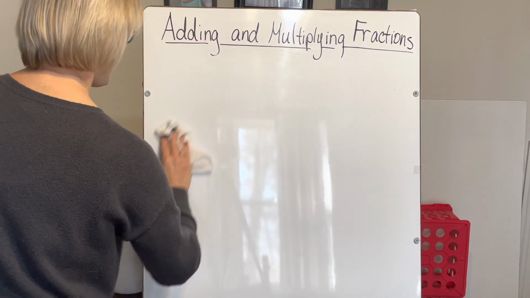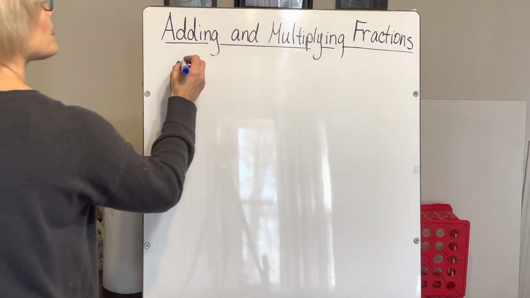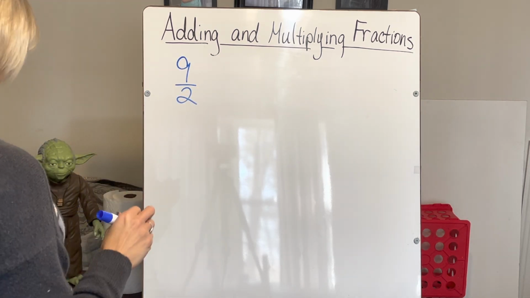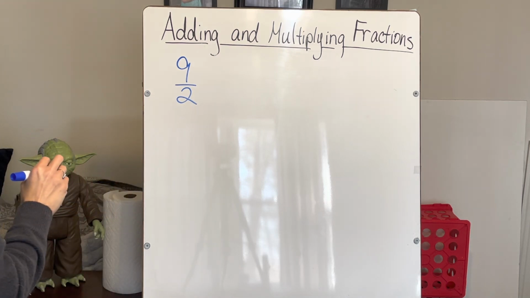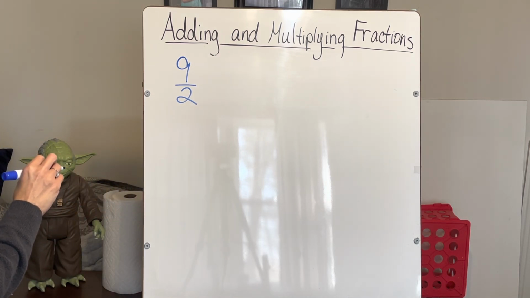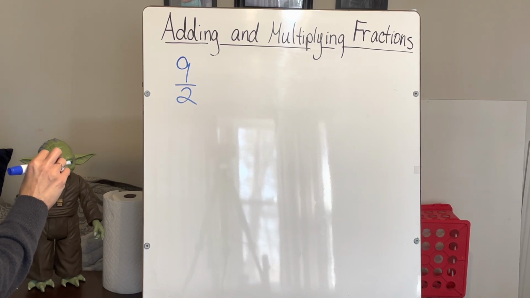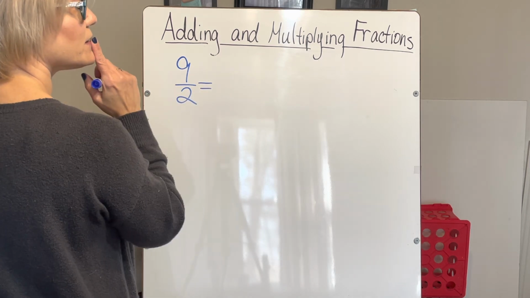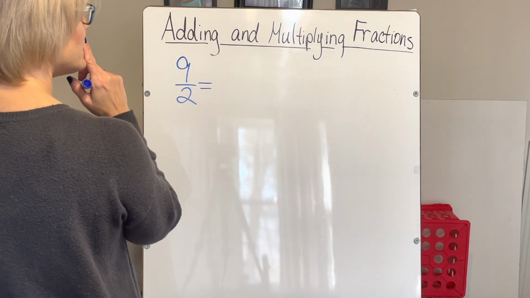9 halves. All right, so how can I break this down and show 9 halves as a multiplication problem? So I could do, let's see here, how can I break that apart?